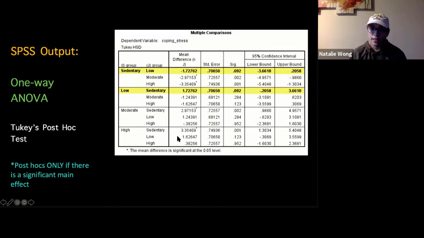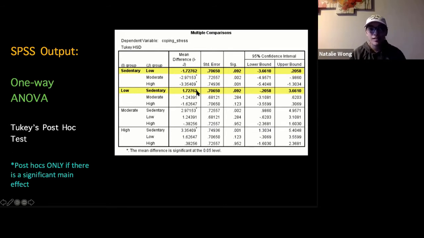There are redundancies in the table, which is what is highlighted here. Oftentimes I ask you in the activity to list the significant pairs. And in previous semesters, I'll have people who put sedentary and low, and low and sedentary. Those are the same comparison. It's the same variables, and you can see in the table that the p-value is exactly the same. The mean difference is also exactly the same.